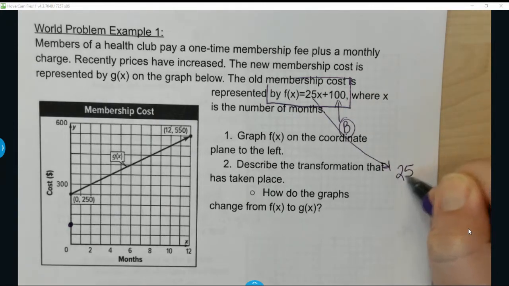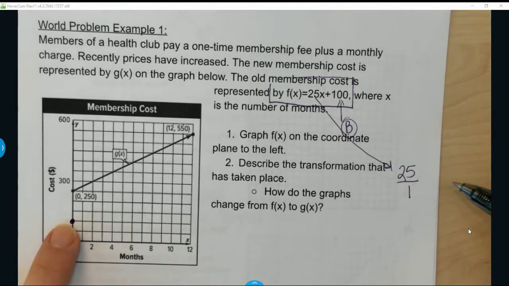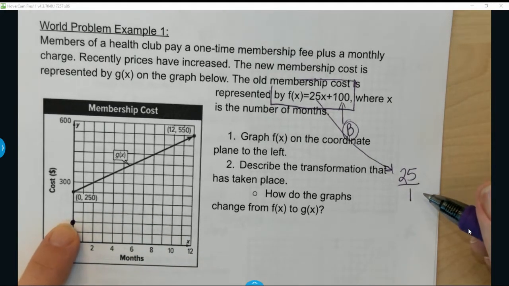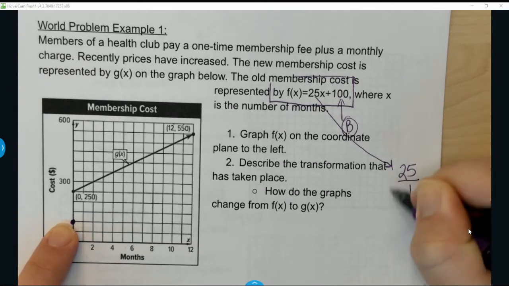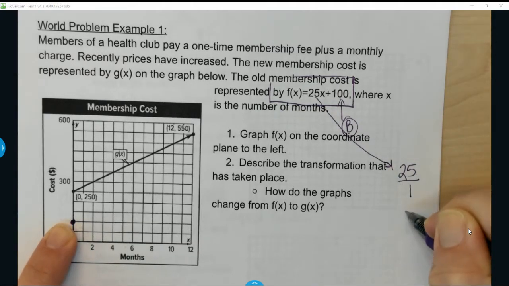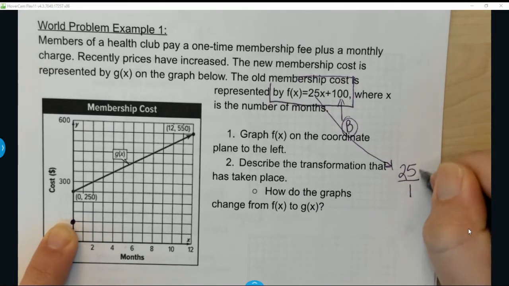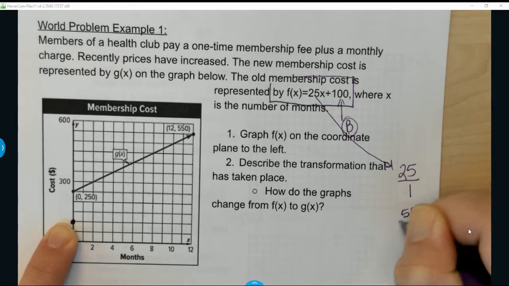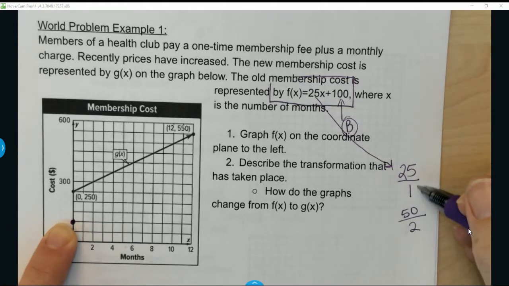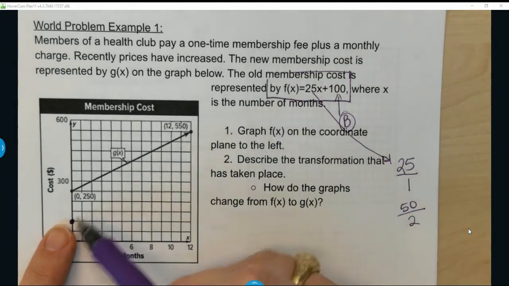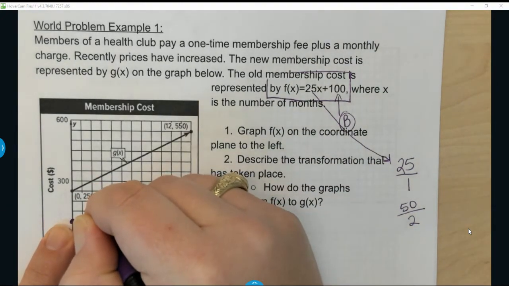So if my slope is originally 25, we're thinking 25 over 1. However, I'm going up by 50. So if I wanted to change 25 over 1 to our scaling, which seems like it's doubled, that means 25 times 2 is 50. 1 times 2 is 2. So that means now I'm going up 50 over 2.